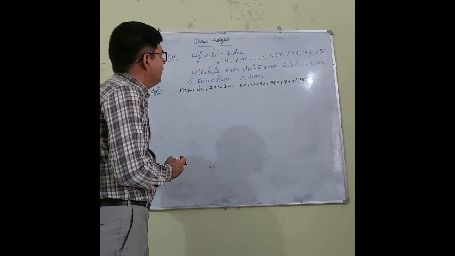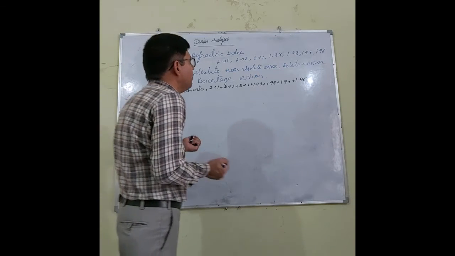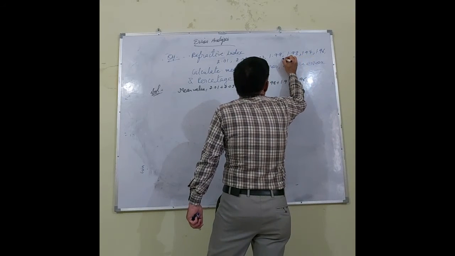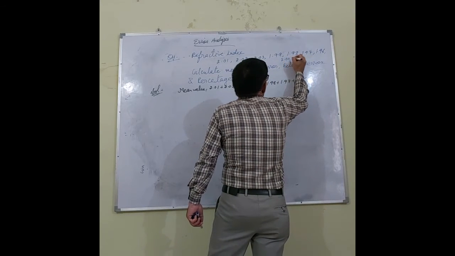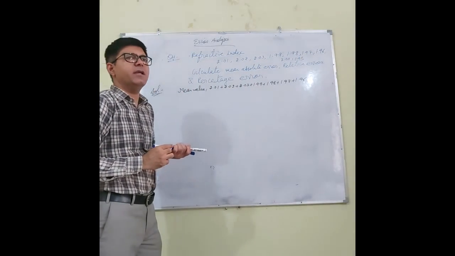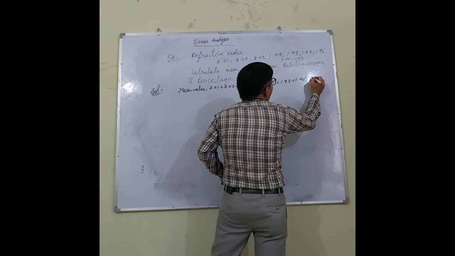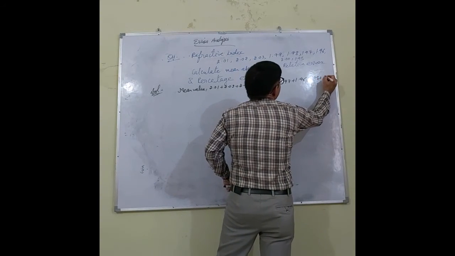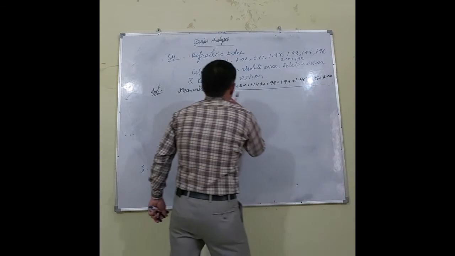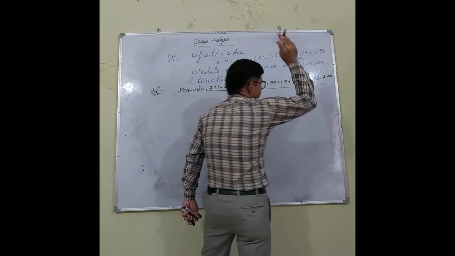And if I want to complete the series, let me add one more value, that is 2, and 1.95 also, so that you can understand this concept well. How many values are these? 1, 2, 3, 4, 5, 6, 7, 8, 9.